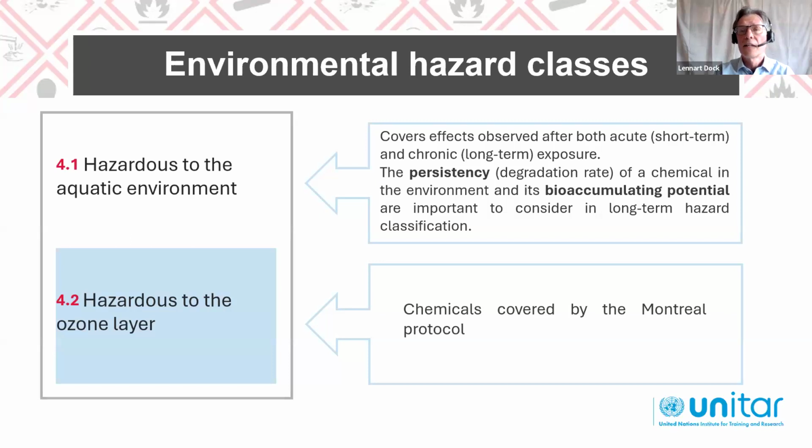Hazardous to the ozone layer is basically chemicals covered by the Montreal Protocol. But now the Montreal Protocol has been extended, so it also covers other chemicals that do not work through damaging the ozone layer.